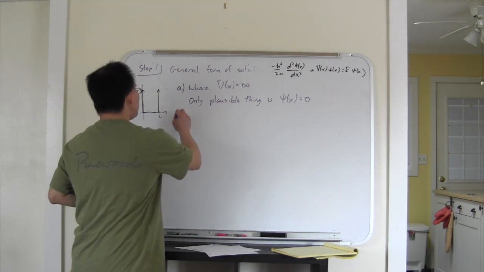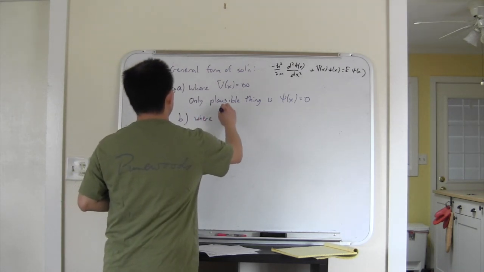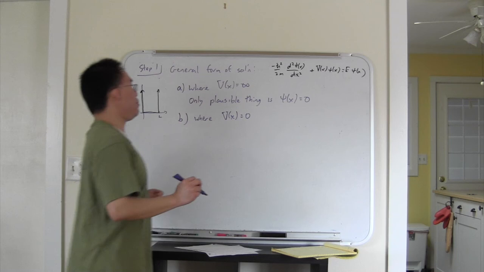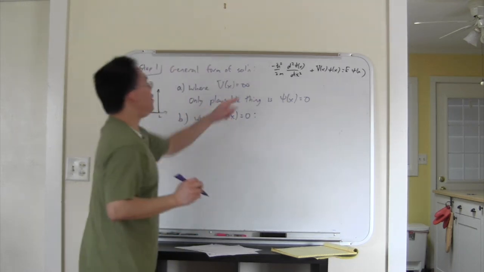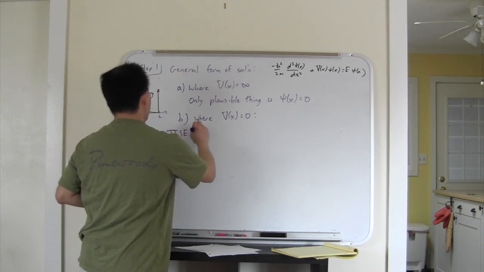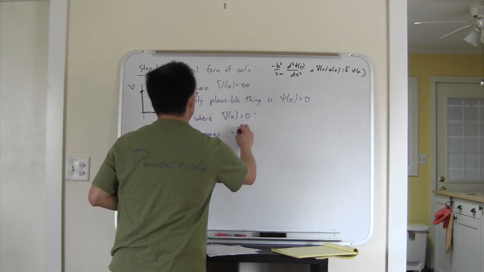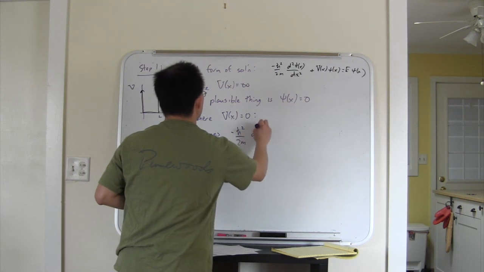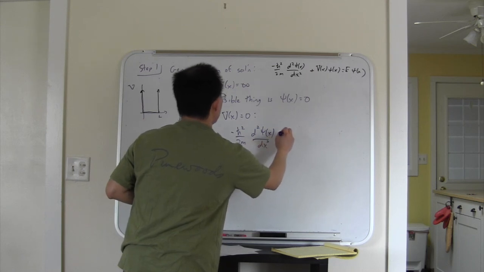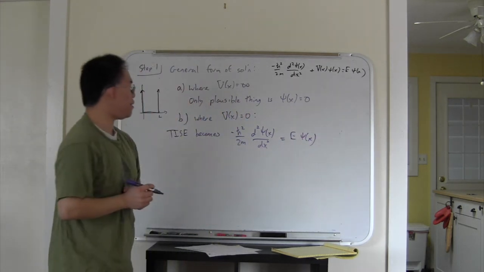The more interesting part is where V of x equals 0, so that's here between 0 and L. Okay. If V is 0, the TISE becomes, right, equals E psi.